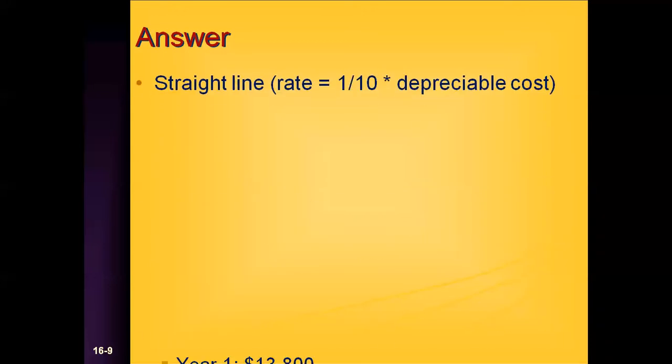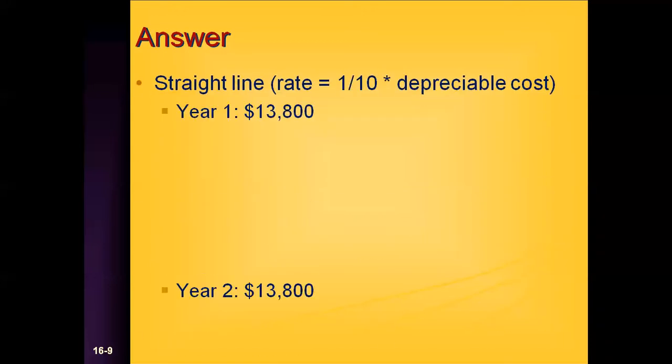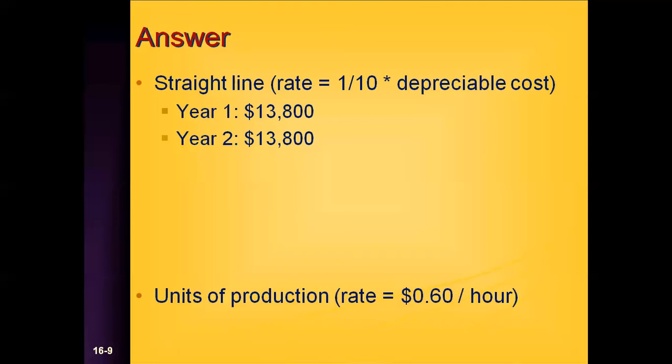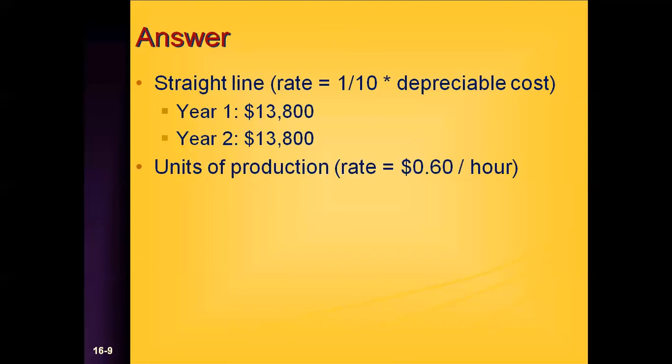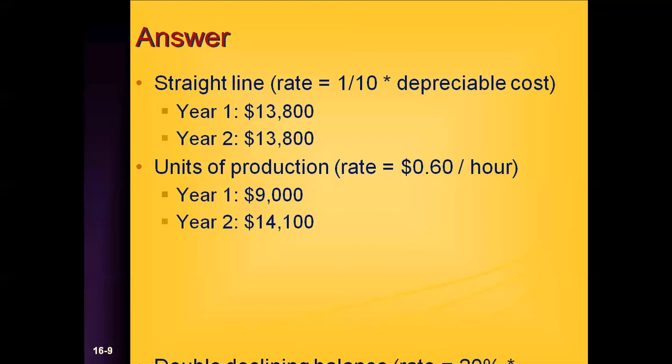All right, so for a straight line, year 1 and year 2 would basically be the same because it is a straight line approach. Units of production rate, not quite the same. Year 1 would be at $9,000 and year 2 would be at $14,100. That's because you have various production rates in each of those years as stated in the problem.